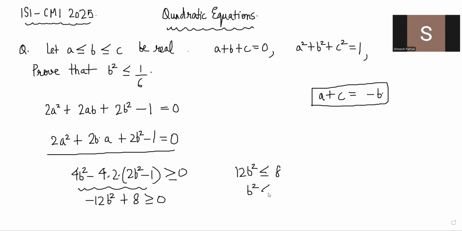So B square is less than equal to 2 by 3. But what we need is a sharper inequality. This condition is coming, but this is not sharp enough for us to prove, right? So you have to think of something else because this is not enough.